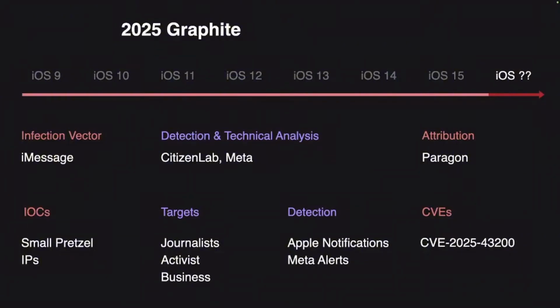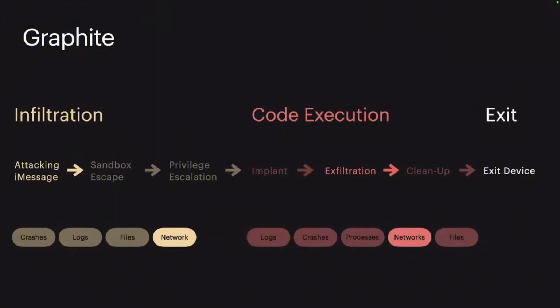So you would need a local VPN to detect this, or some sort of advanced network monitoring on the server side. Because the report from Citizen Lab is not really disclosing a lot, we can't say much about the techniques discovered here, but we definitely know there is some sort of network communication and some sort of small pretzel IOC that is left behind, but I don't know what this actually means until now.